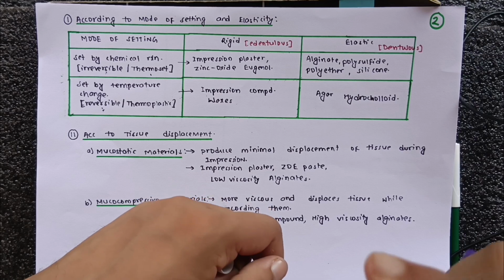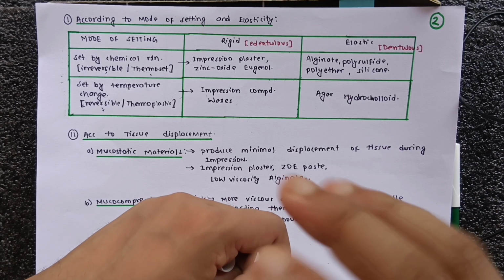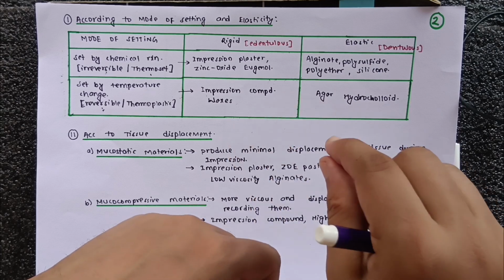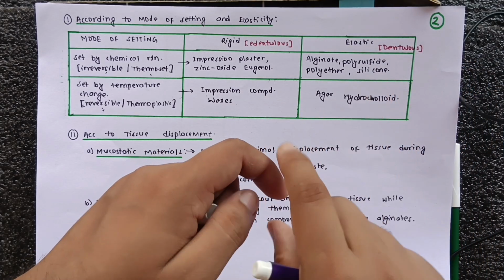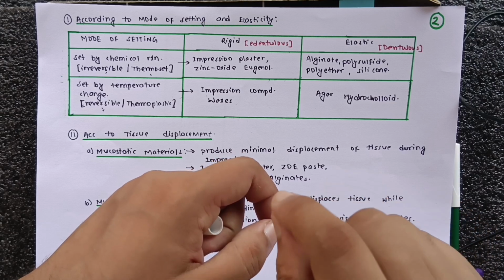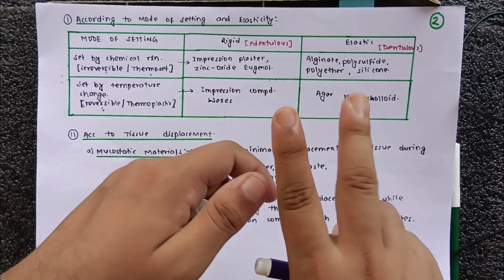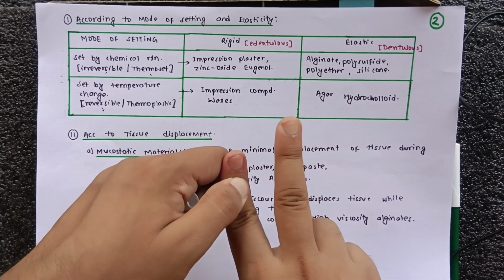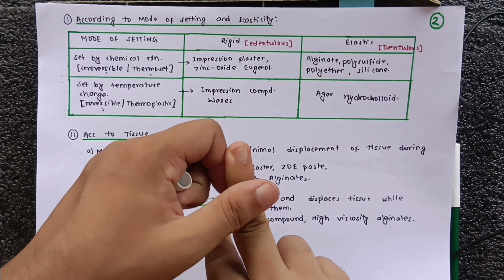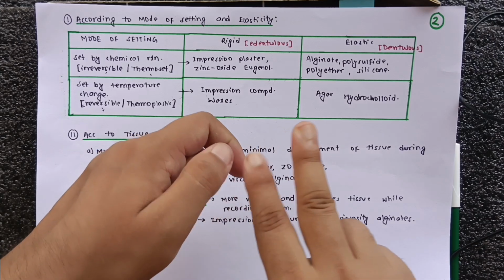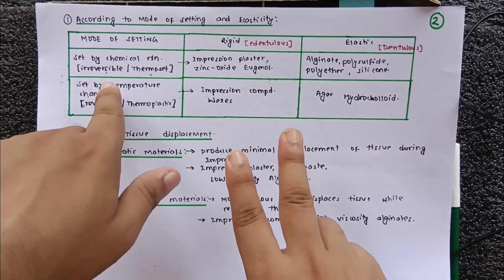So just follow my words and you will remember all those points. Listen properly. The thing I am telling here is the mode of setting. According to the mode of setting, there are 2 types of impression material. One is setting by chemical reaction, and another is setting by temperature change or physical change. Temperature change comes under physical change, and the substances that set by chemical reaction are irreversible.